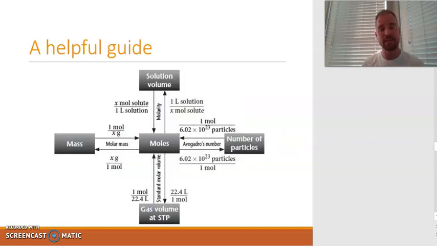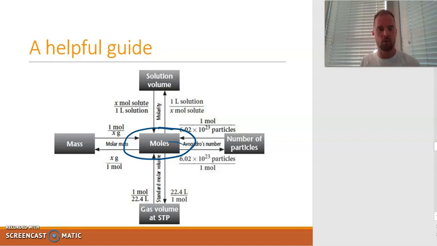Alright, with that being said, there are helpful guides that I give you. There's actually 3. This is one of them. This is not in your printed notes, but this is one helpful guide. It may not look very helpful right now, and I totally get that. But this is going to help us figure out how to convert from one thing to another. Notice that moles is the central unit.